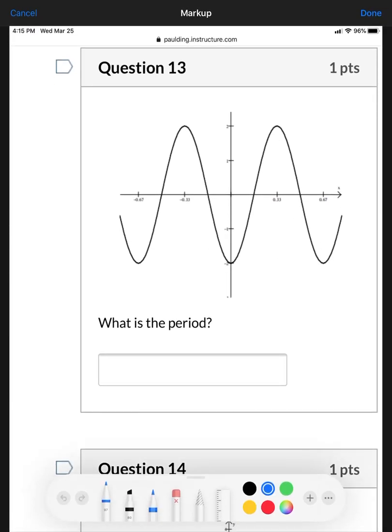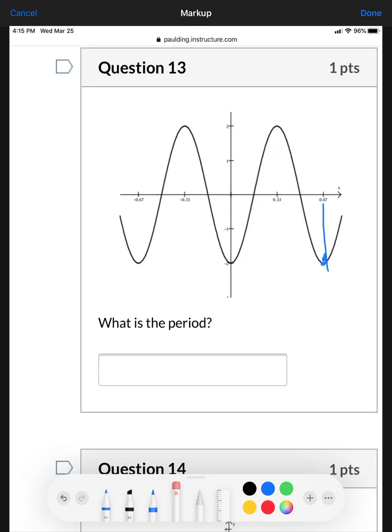So just taking a look at this one. If I think of this as an upside down cosine curve, it looks like it's stretching from 0 to 0.67 would be one period.